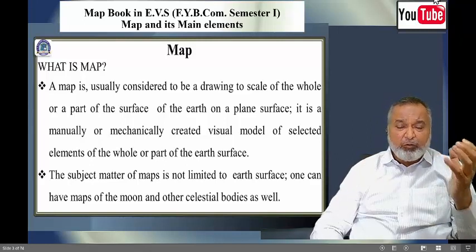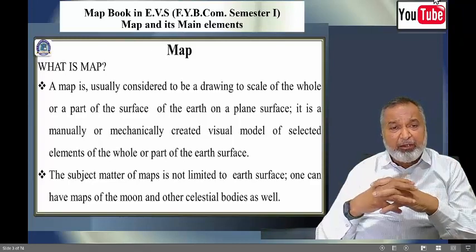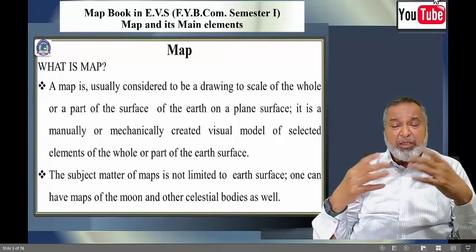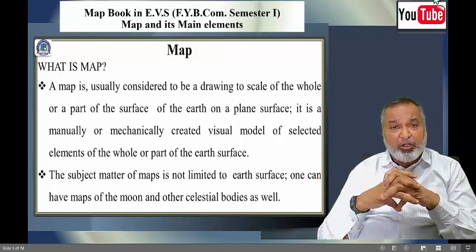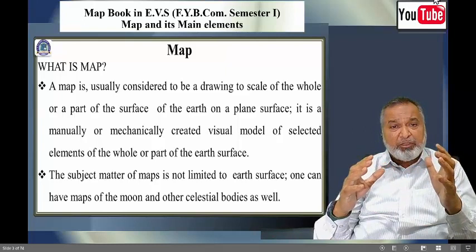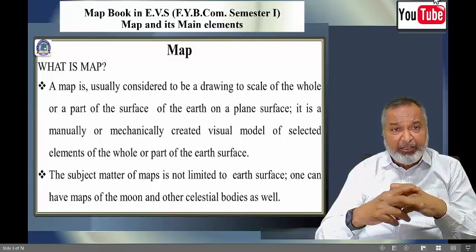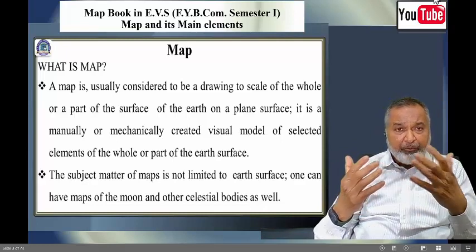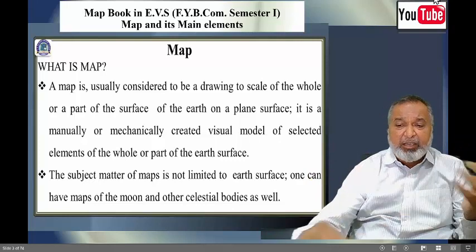The map can be prepared manually or mechanically, and we have to visualize the model of that selected element of the whole part of the earth, which we are going to see as a map in 1D, 2D as well as now 3D.